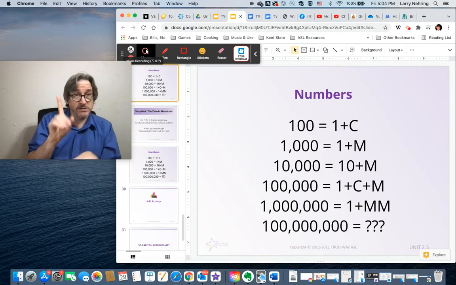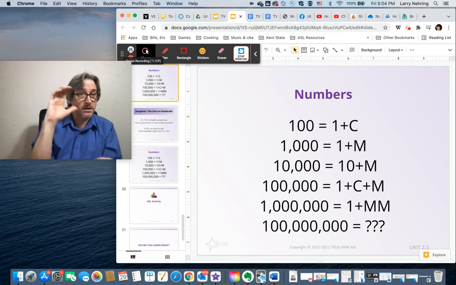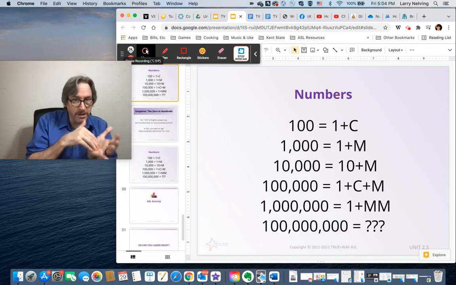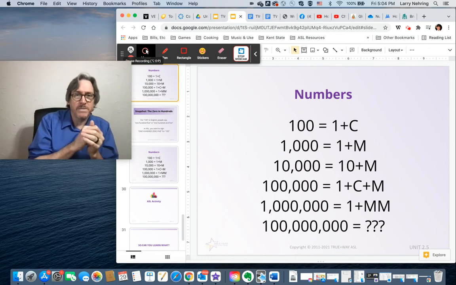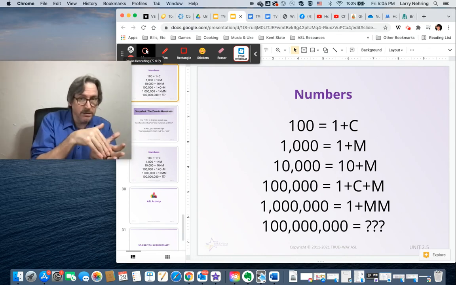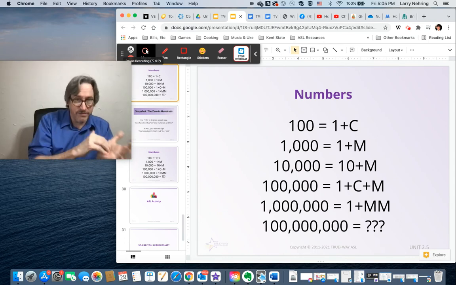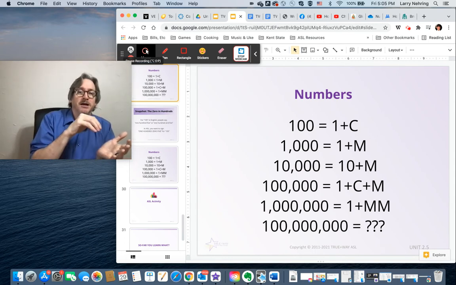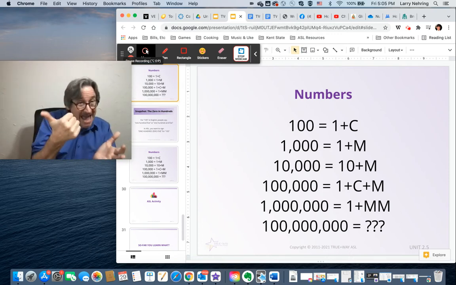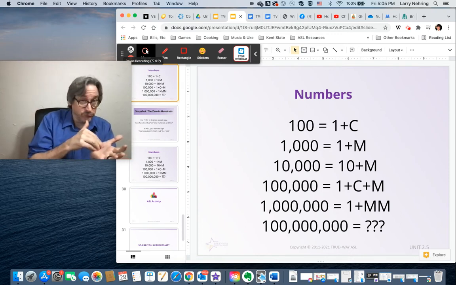Now 100,000, 100,000, 200,000. Makes sense? So 1,000,000, and you can intersperse it to be 1,100,000. Could be 1,110,000.